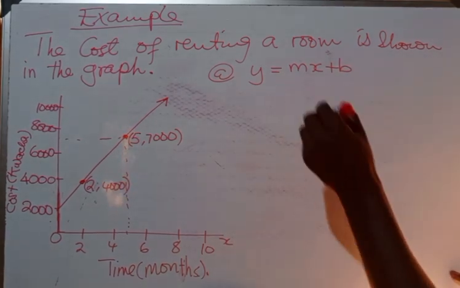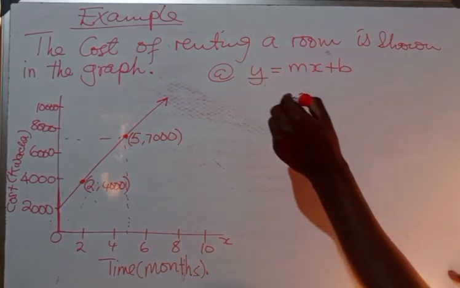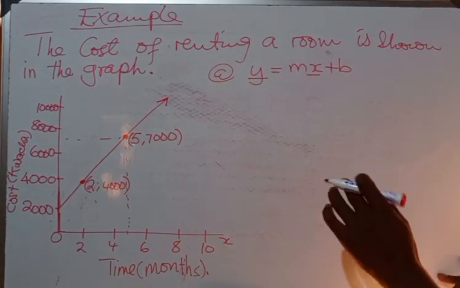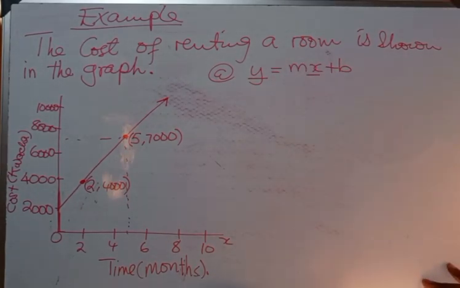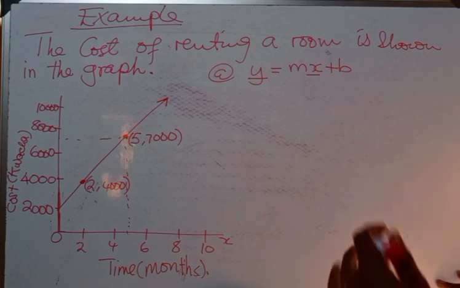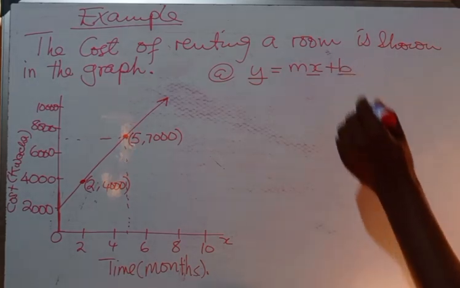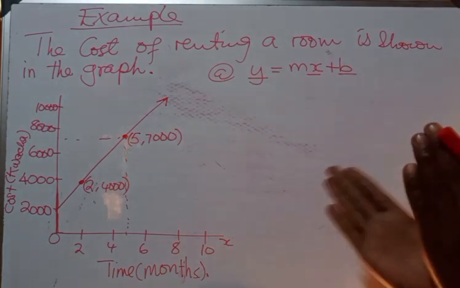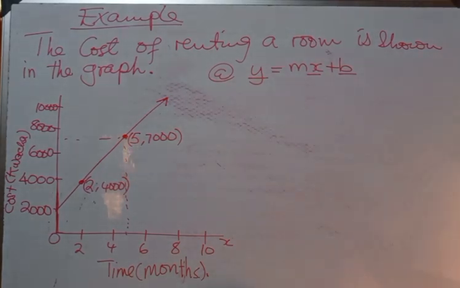The y and the x will remain in the equation, but we have to find the value of m, which is the gradient, and the value of b, which is the y-intercept. The y-intercept is always the point where the line crosses the y-axis.